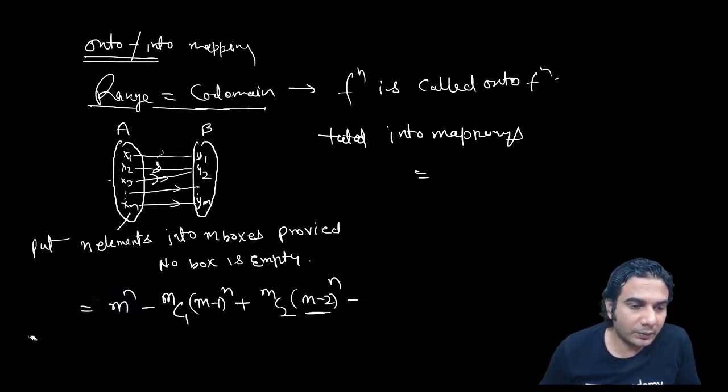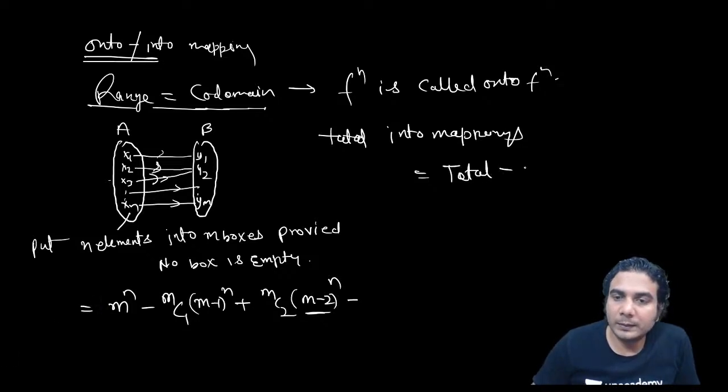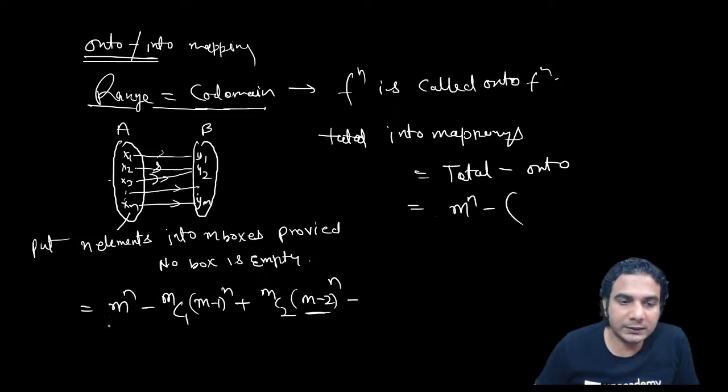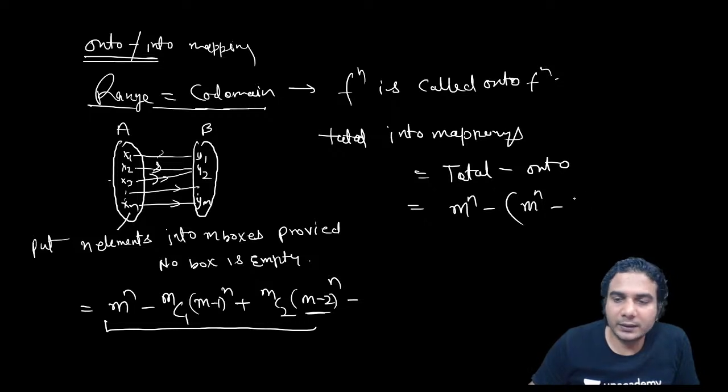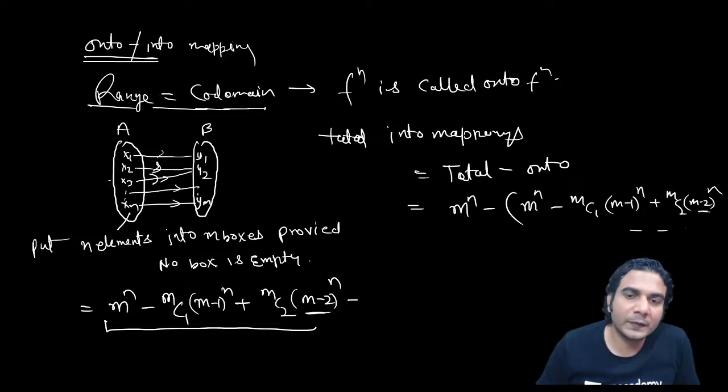Total functions, how many total functions were there? Total minus onto. Okay, this is the formula. So total was m raised to n, minus this thing. So yes, m raised to n will get cancelled, but you can write it in this way: mC1 (m minus 1) raised to n plus mC2 (m minus 2) raised to n and so on, okay, until this becomes 1. So this is the total number of into mappings.